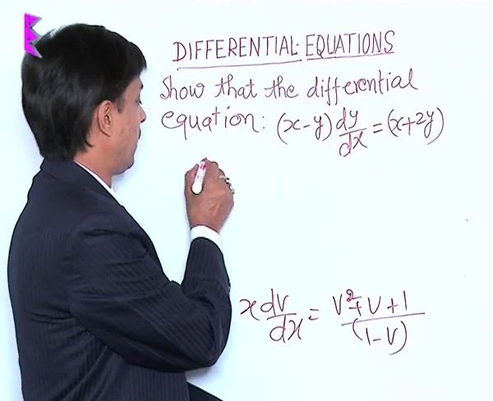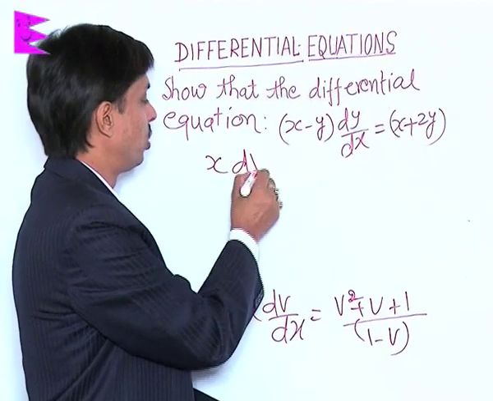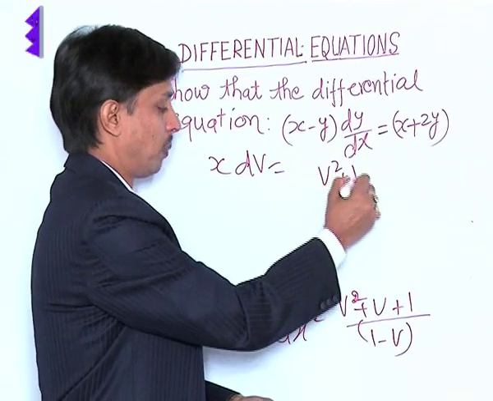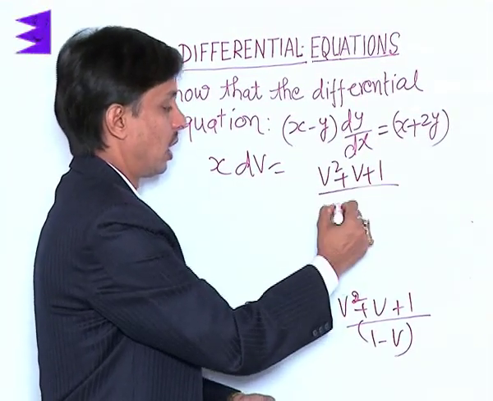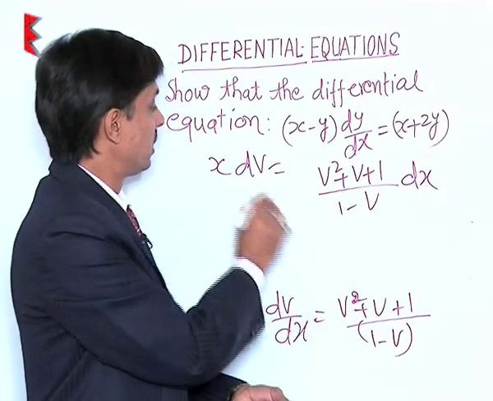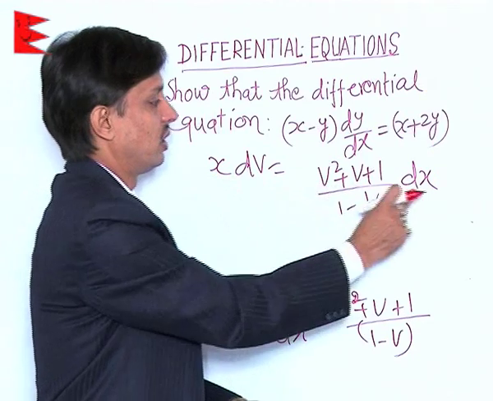On cross multiplying, we will get x into dv is equal to (v square plus v plus 1) upon (1 minus v) into dx. We can shift this x to the denominator.